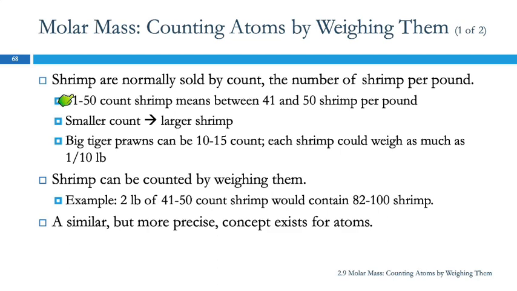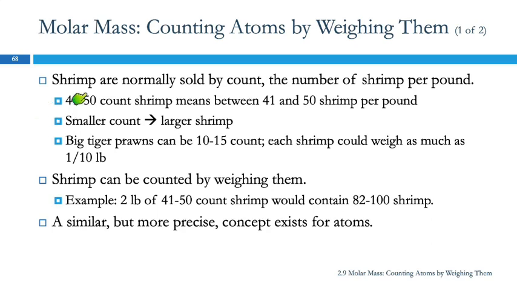So shrimp are normally sold by the count, which is how many shrimp are in 1 pound. If you have really big shrimp, there's only going to be a few in 1 pound. And the little tiny ones, there's going to be a whole bunch in a pound, right?